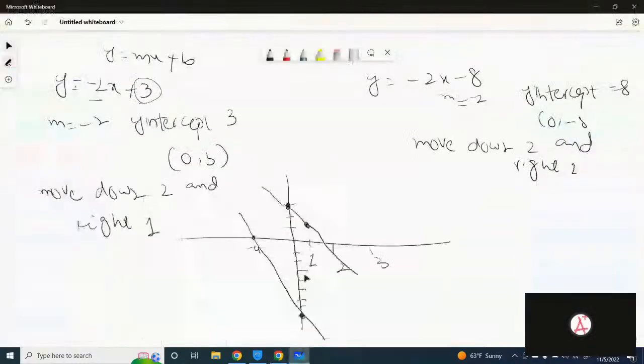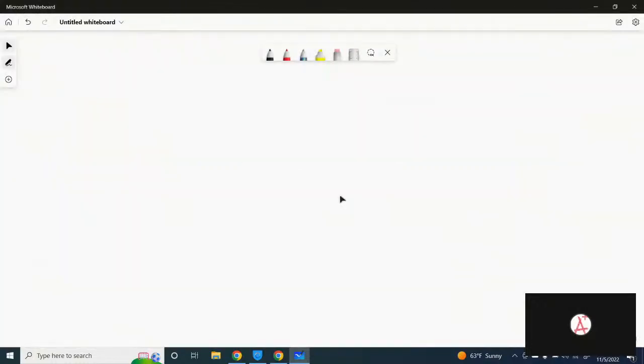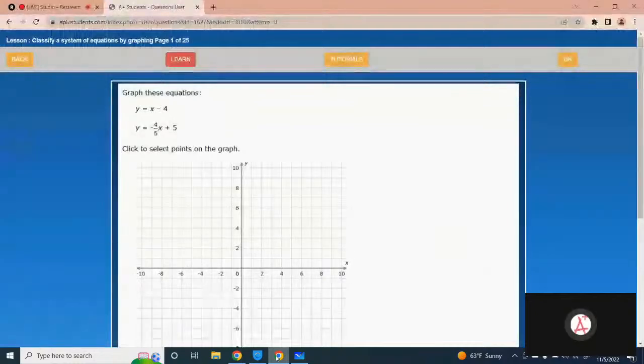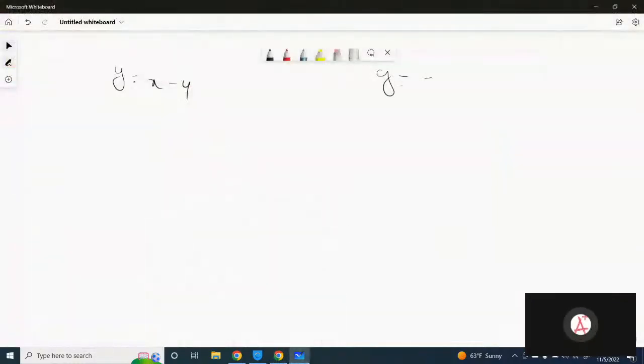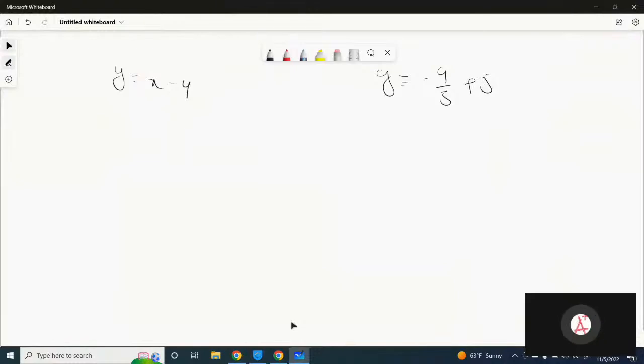Let me just do it on the board. y equals x minus 4, and the second equation is y equals negative 4/5 x plus 5. Yes, plus 5. Okay, now let's just find the points.